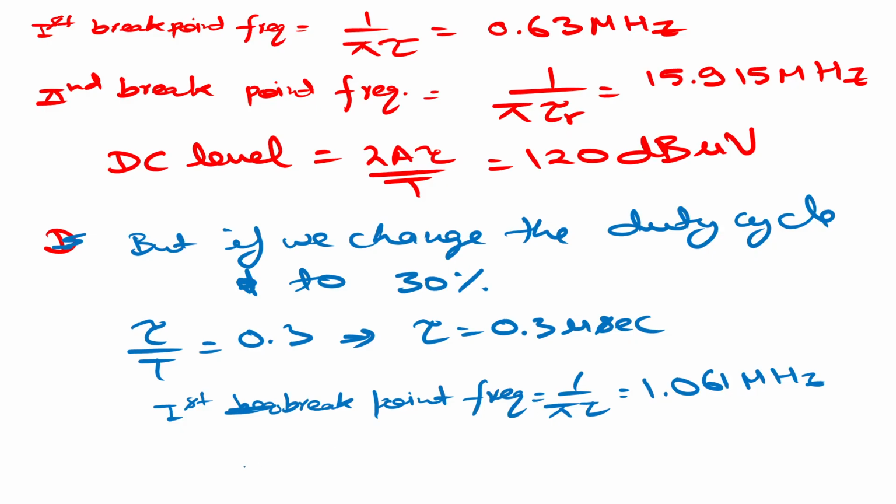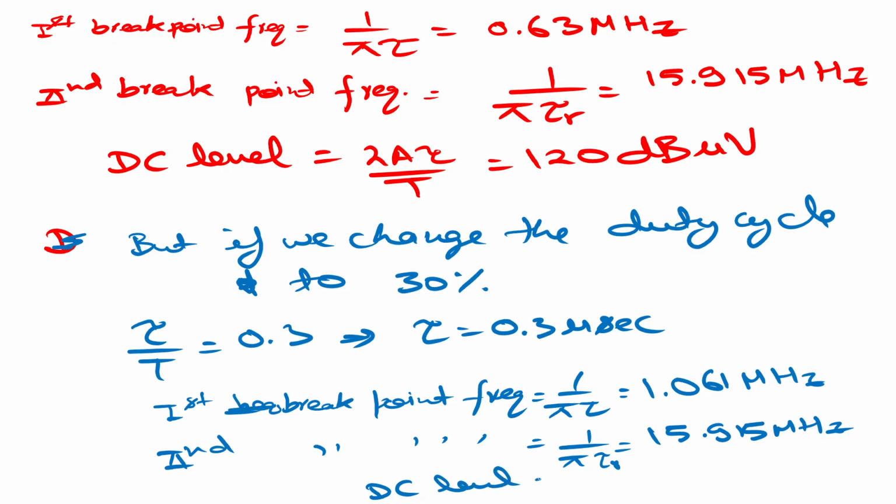The second breakpoint frequency remains the same, because it doesn't depend on tau, it depends on tau r. It still remains 15.915 megahertz, and the DC level becomes 115.563 dB microvolts.